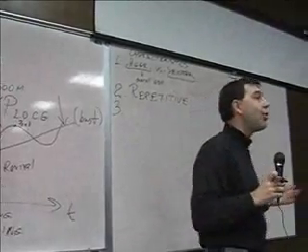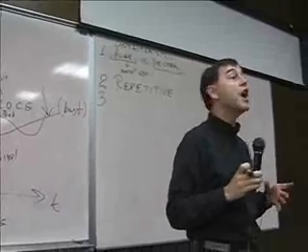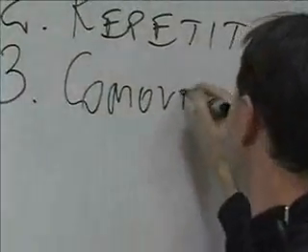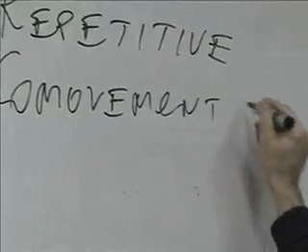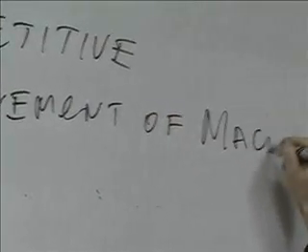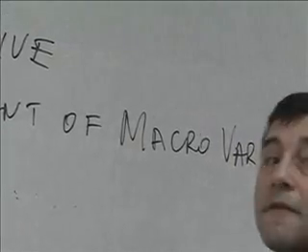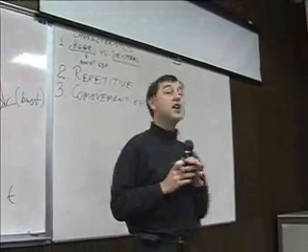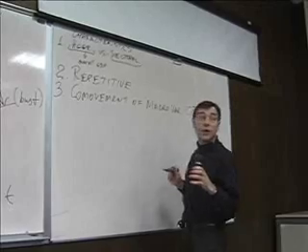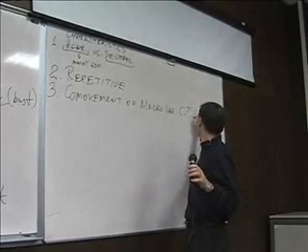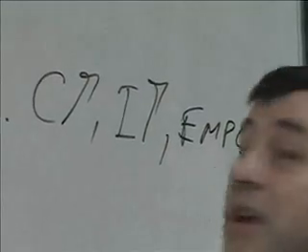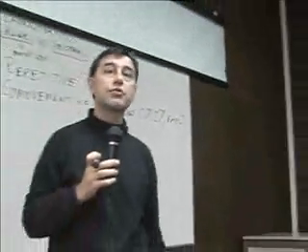A third important characteristic is associated with co-movement of macro variables. In other words, if consumption is growing, very likely in a boom, investment is also growing. Very likely in a boom, employment is also growing.